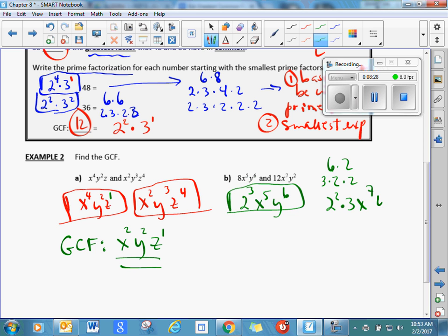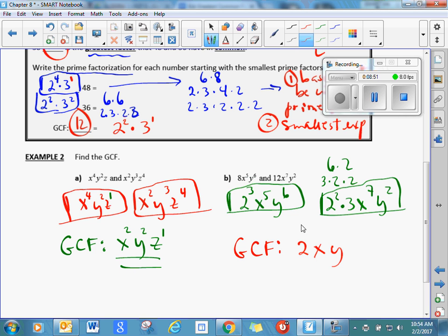X to the 7th, y squared. So now I'm ready to look inside my boxes to get the GCF. They have to have it in common. I see a 2, an x, and a y in both boxes. This 3 is over here, but he's not over here, so he cannot come to the GCF party.